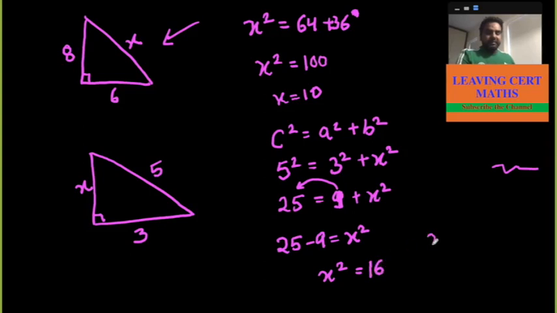So what is x? 4, right? So this was the same type of question, but we had to do a little bit of manipulation. Okay, does it make sense? Yeah. Let's try one more question, it will be more clear to you.